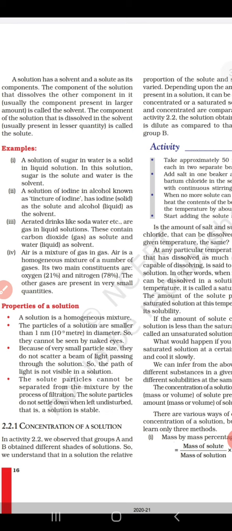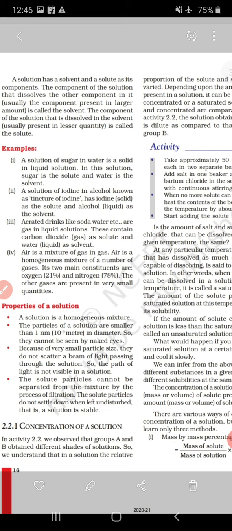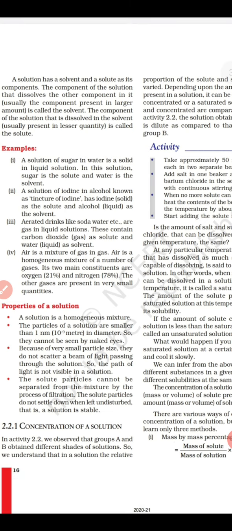Now I will tell you the simple and proper definitions for solution, solute and solvent. What is a solute? The substance which is dissolved in a solvent to produce a solution. ऐसा सब्सटेंस जो सॉल्वेंट में डिजॉल्व हो और फिर सॉल्यूशन प्रोड्यूस करे, it is called a solute.